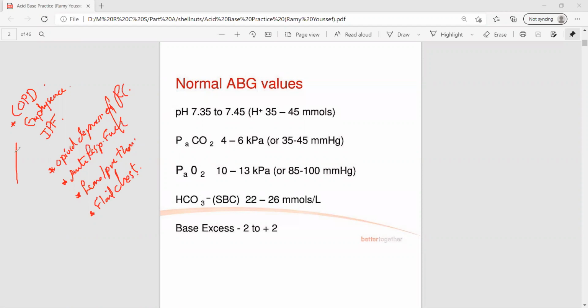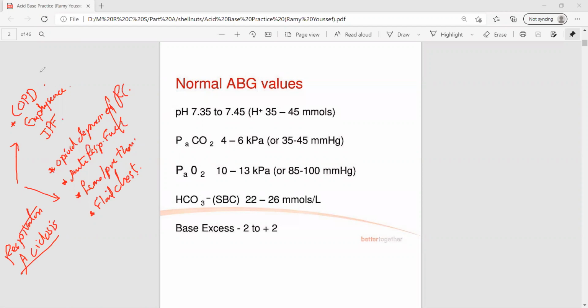In both cases, you will find the patient has a respiratory acidosis. Yes? Yes, sir. Okay.